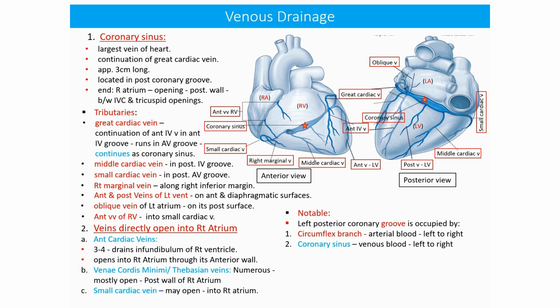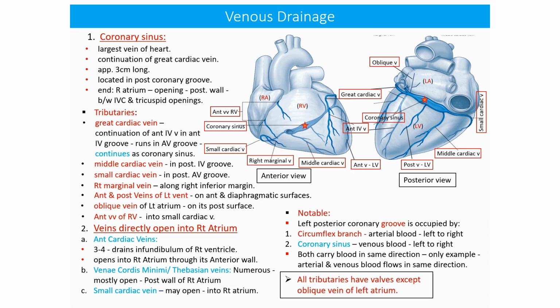And second one is the coronary sinus, which contains venous blood and blood flows from left to right. Notable aspect is that both these vessels carry blood in the same direction. This is the only example in the body where arterial and venous blood flows in the same direction.